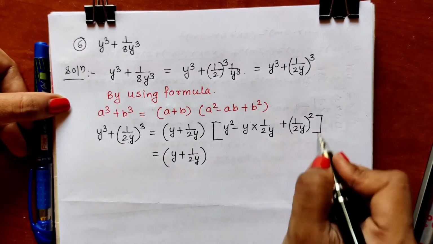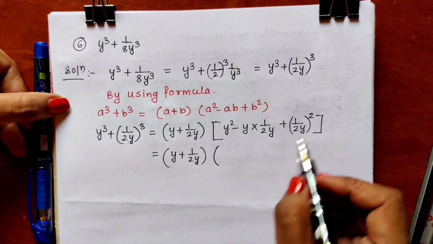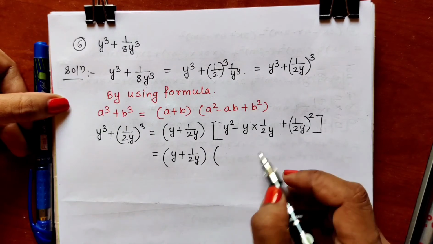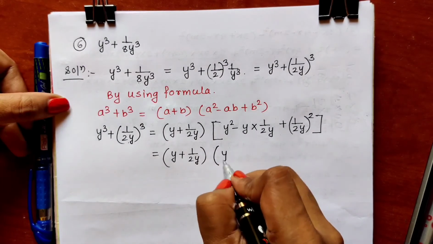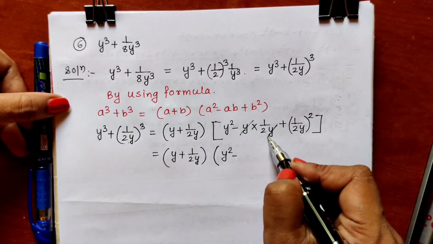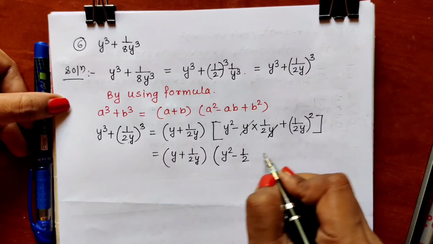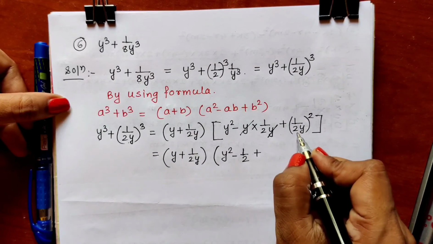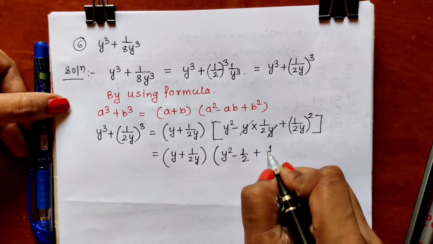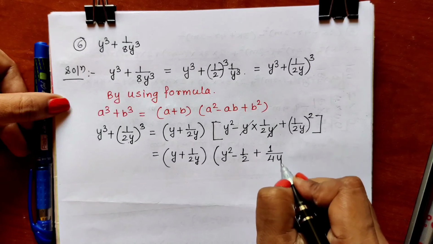Now in place of square bracket I will be writing round bracket, because in this step we will not get any bracket inside the round bracket. So y square as it is I am writing minus this y in the numerator and y in the denominator getting cancelled, we are getting only 1 upon 2 plus 1 upon 2y square. So 1 square is 1 and 2 square is 4. Square of y is y square.